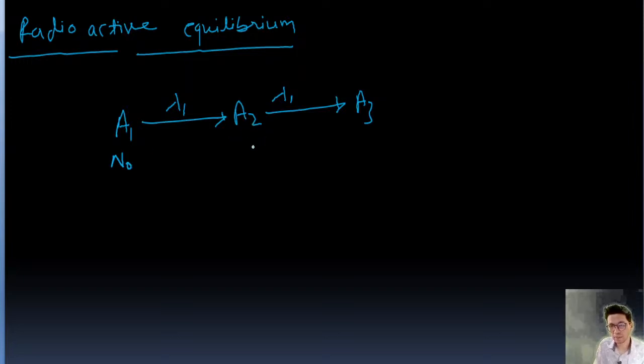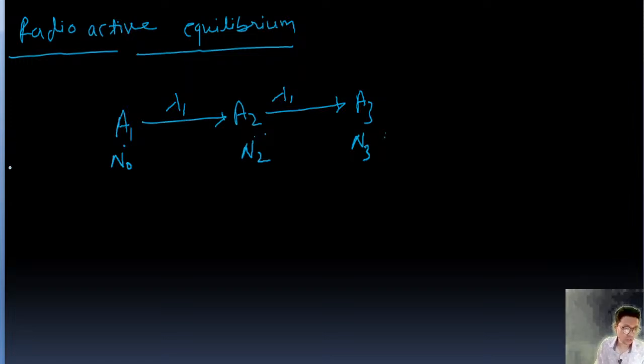After decay, the number of active nuclei remaining is N2, and here the number remaining is N3 after decay of this A2. These are the numbers of nuclei for these three radioactive substances. This is radioactive substance 1, which decays into this, and this decays into this. This is the stable product.